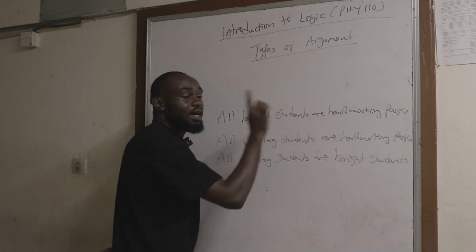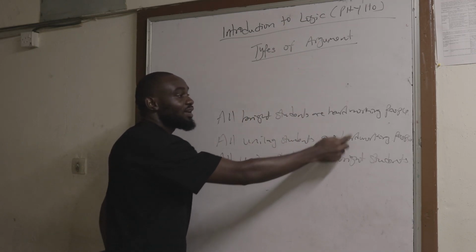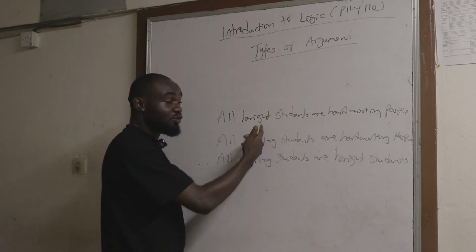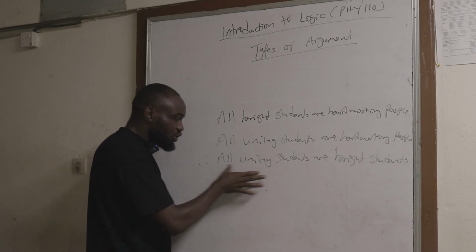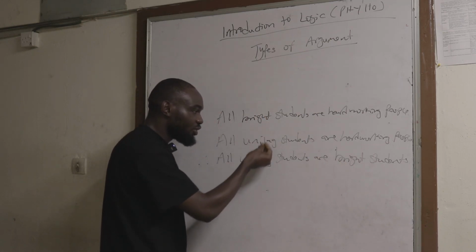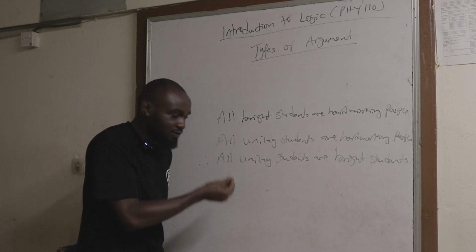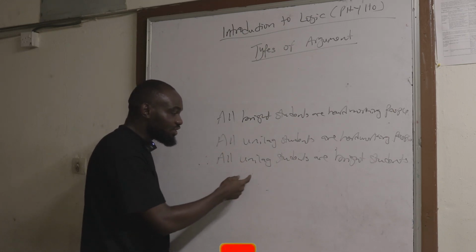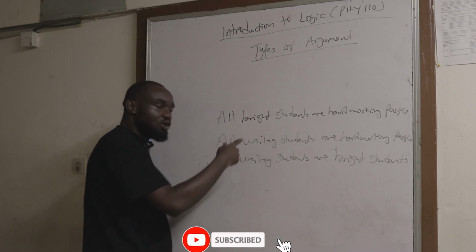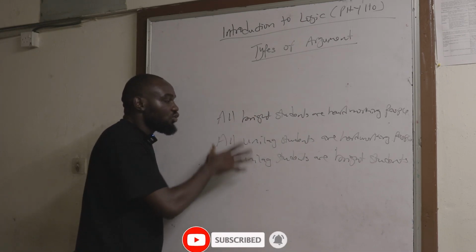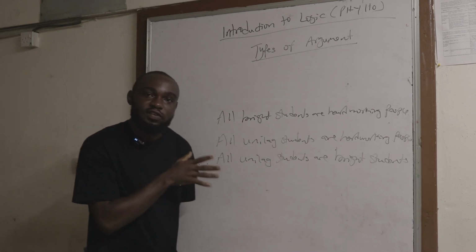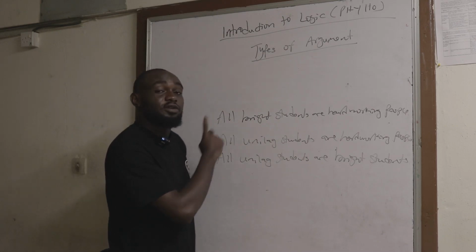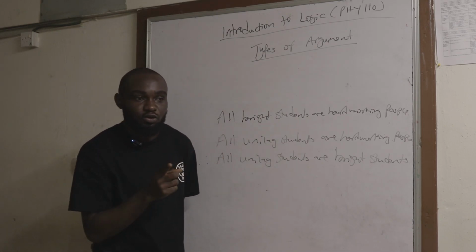So if all bright students are hardworking and all UNILAG students are hardworking, definitely all UNILAG students will be bright. So we deduce our argument from the premises given. That's why it's called deductive, that we deduced it from the premises given. So it is not something that is out of what is given, all right? So this is an example of a deductive argument which moves from a general premise to a general conclusion.